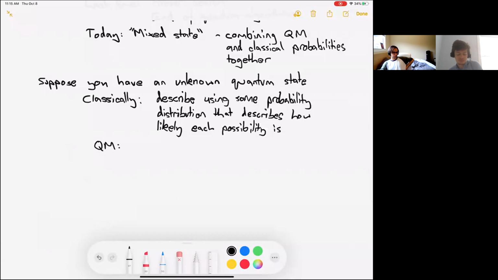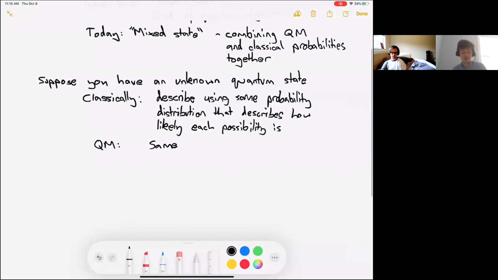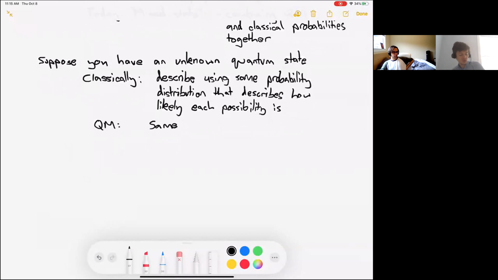And in quantum mechanics, we can do exactly the same thing. In particular, we can describe some state by what's often called an ensemble. It suggests a collection of states, but really it can just be used to describe belief about a state, which is just a set of state probabilities p_i, together with some states psi_i. So this is saying that we think there's probability p0 of the state being psi 0, p1 of the state being psi 1, and so on.